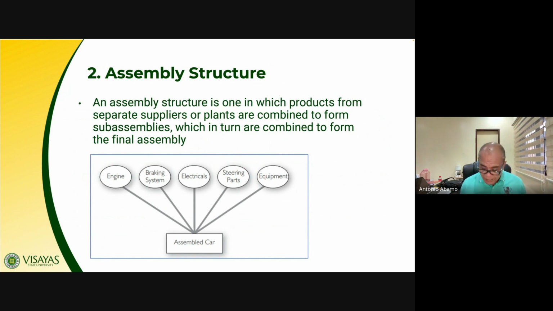It's an assembly structure. Maybe one is located in Davao, another one in Cebu, another one in, for example, Zambales, and another one probably in Vietnam. But all of them will converge to Metro Manila or Batangas, where you have the final assembly point.